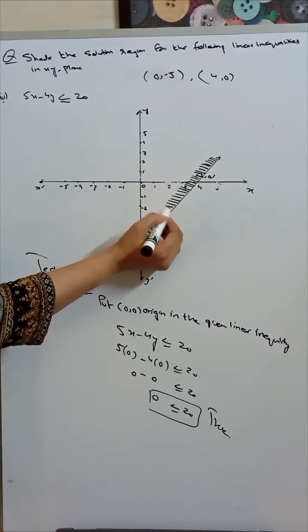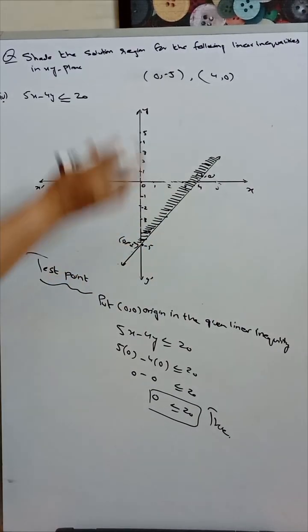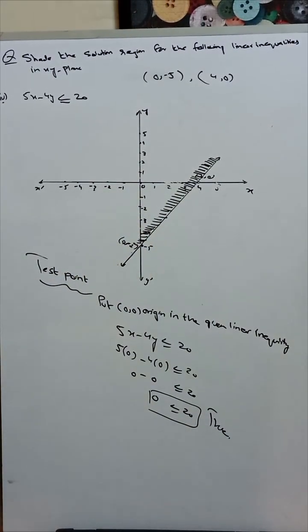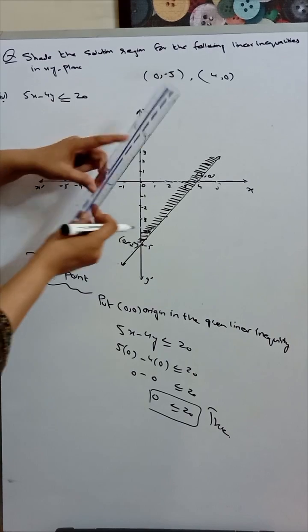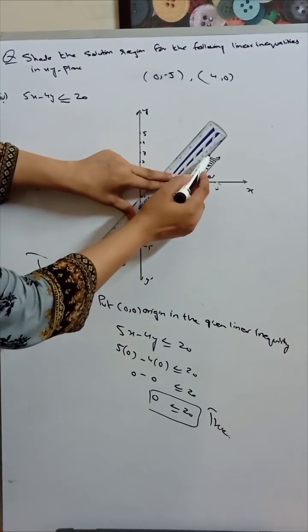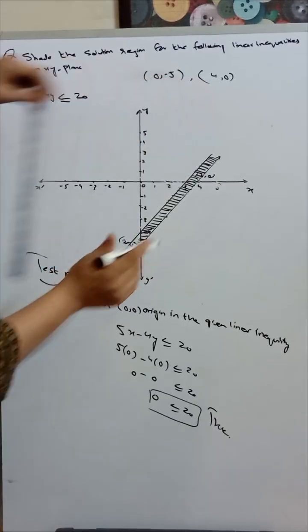You will do it with your pencil. Actually, I am representing this on the board, so that's why I have to do it like that. And now in the end, we will join these points, join these two lines like that. This is the shaded area.